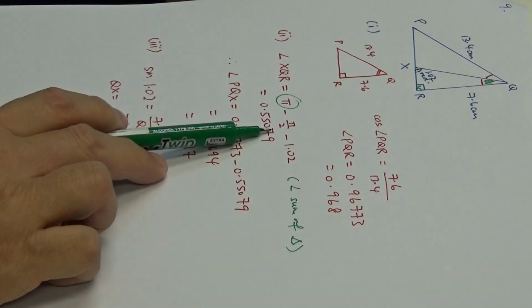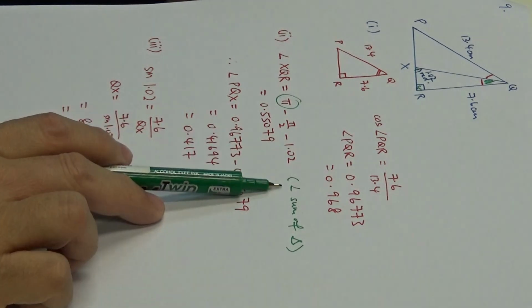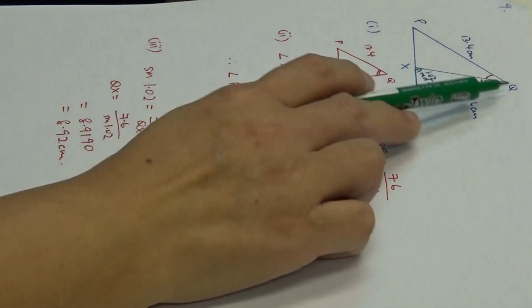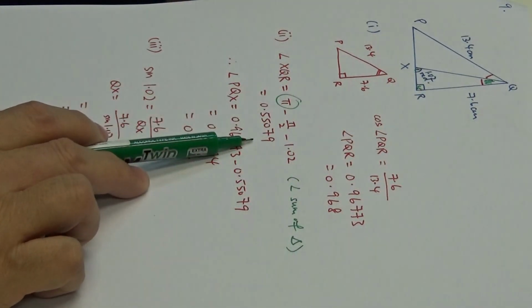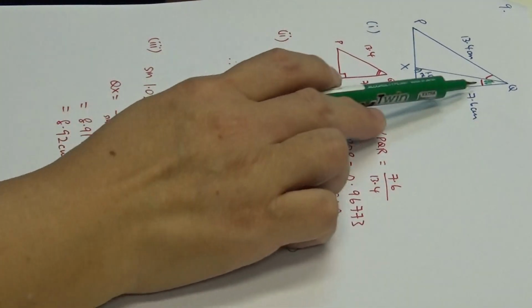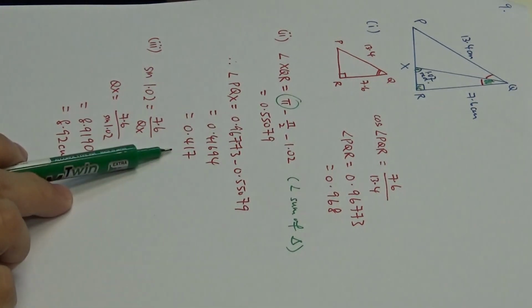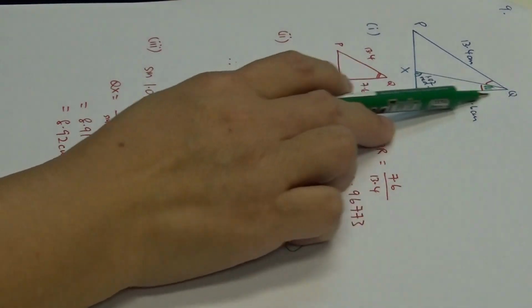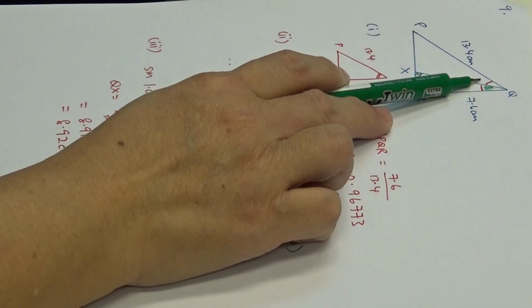Now 90 degrees is pi over 2, plus 1.02, angle sum of triangle. I will get XQR as this answer. So if I want PQX, I just take PQR minus this, I will get 0.417. Okay? So I take the whole angle, I minus off the green one, I will get the red one.